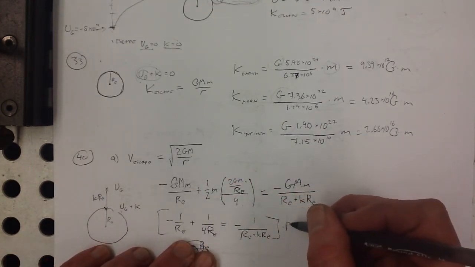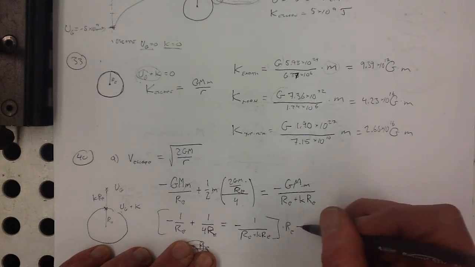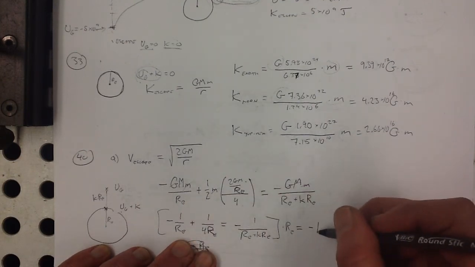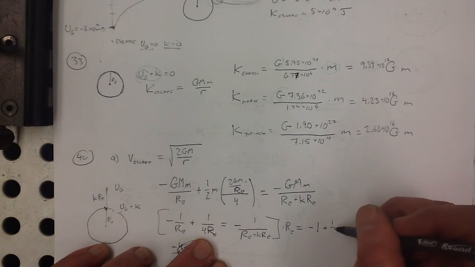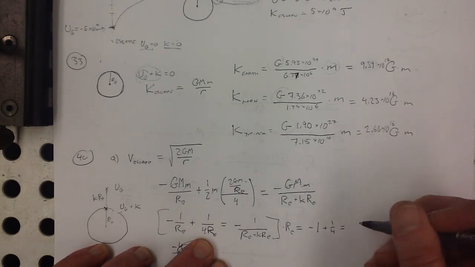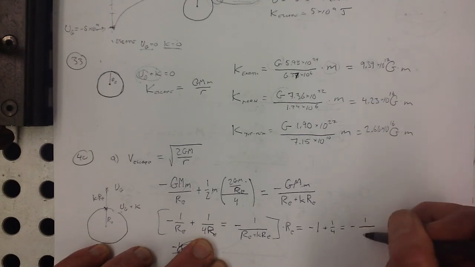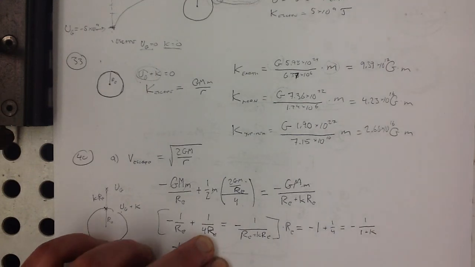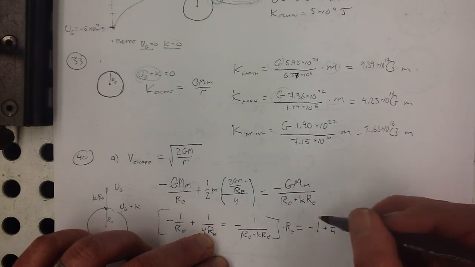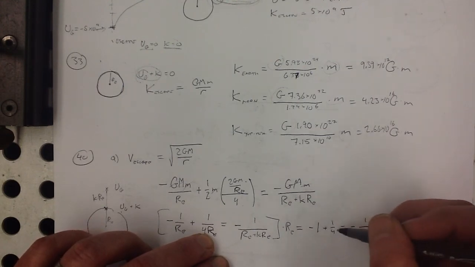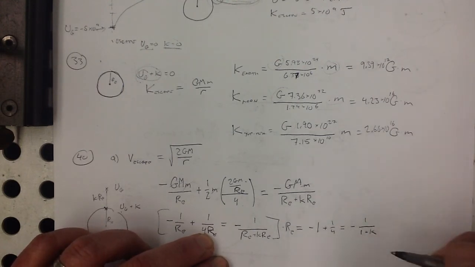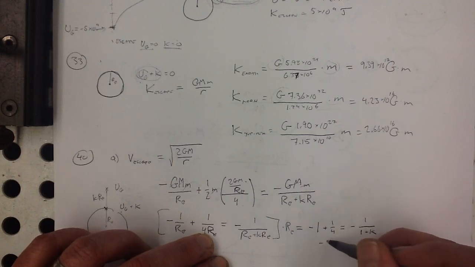So multiply the whole equation through by RE, and then I get negative 1 plus 1/4 is equal to negative 1 over 1 plus K. And this fraction here is negative 3/4, which is negative 1 over 4/3.